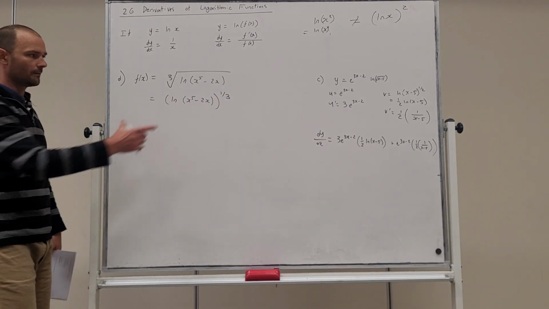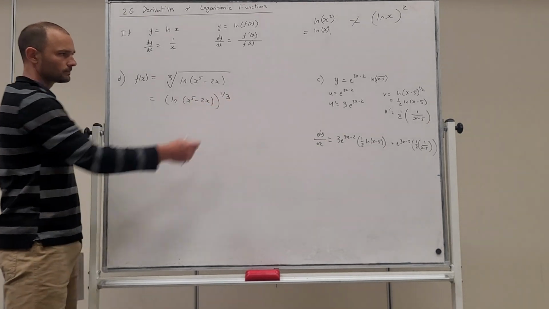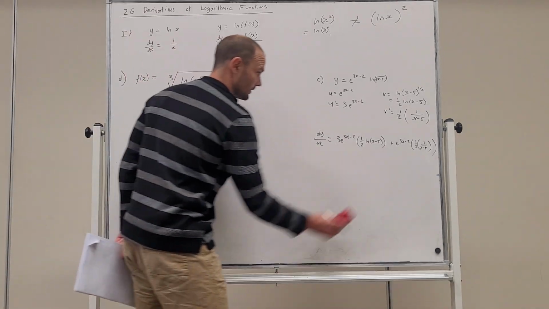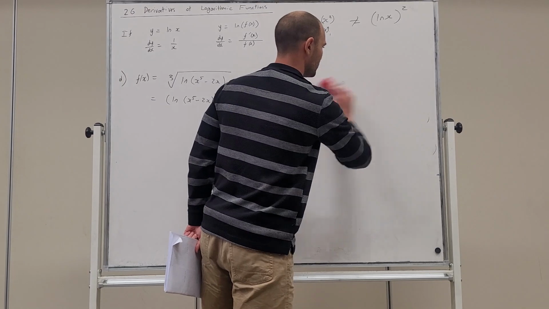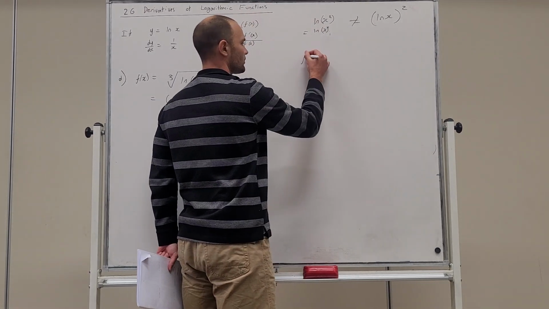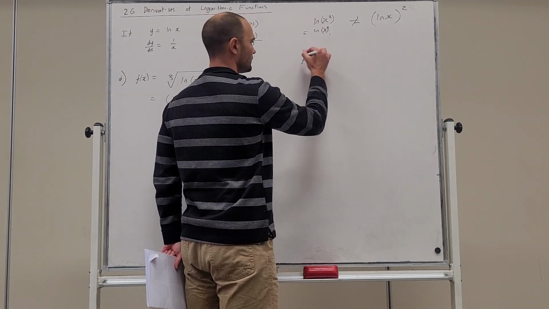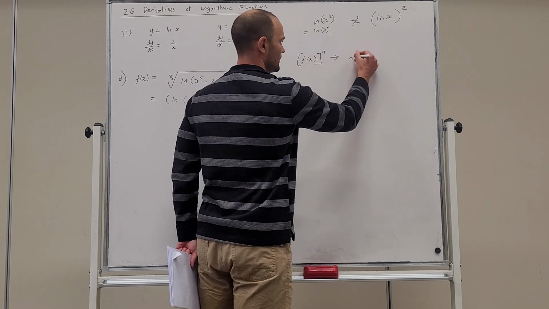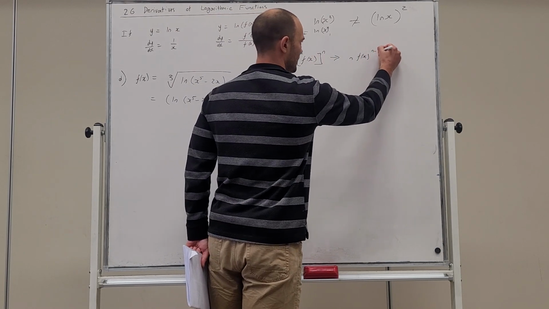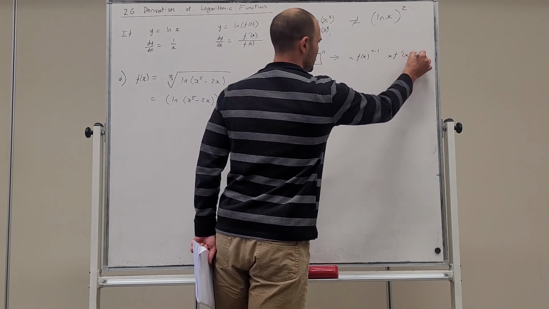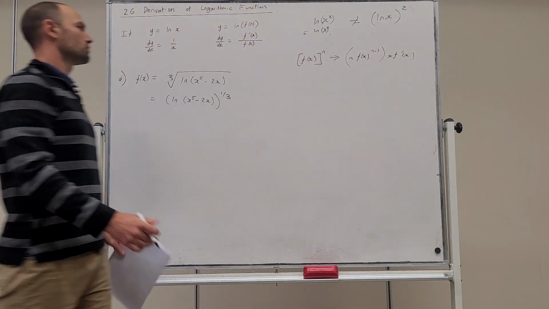A function to the power of n. So, the chain rule, as we're using it, I'll refresh you with it. If we have a function to the power of n, then the derivative is n f(x)^(n-1) f'(x), on the back of our sheet, right?